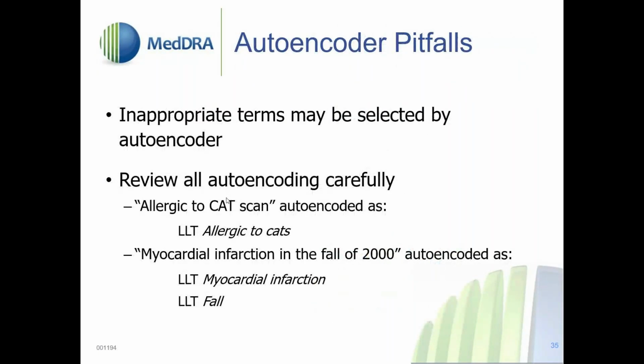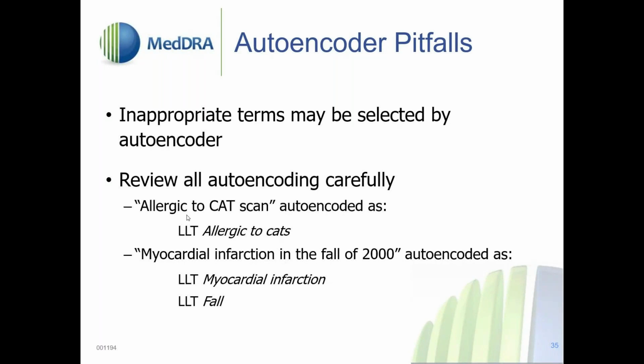Because not only human beings may assign wrong codes or code inconsistently, but also autocoders may run into problems when trying to interpret textual information that is relevant for coding. So in this first example here, it is reported that the patient was allergic to a CAT scan, and it was autocoded to allergy to cats.